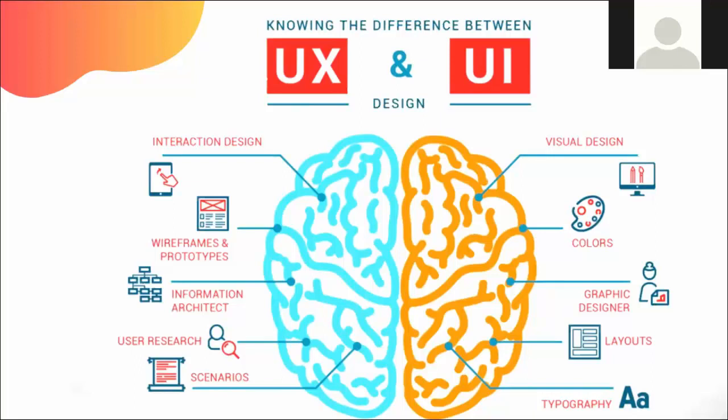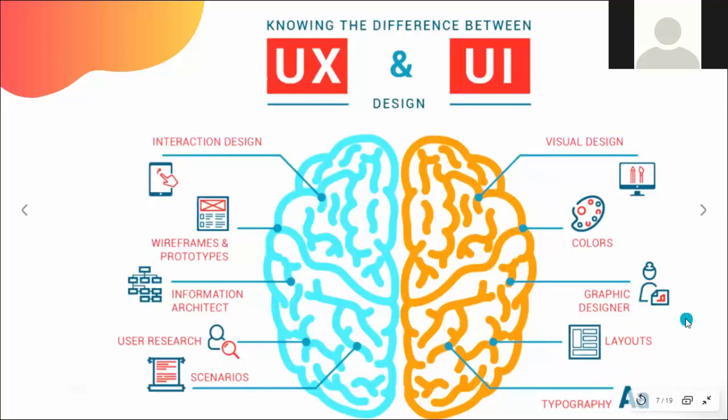UX designers create the wireframes for a website, information architecture, user research and scenarios for a particular application. UI designers focus on the colors, the graphic designing, the layout of a website, and the typography. Typography means the fonts that we are using in a particular website.